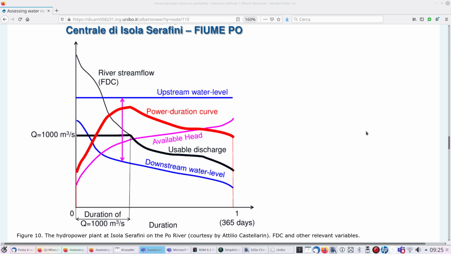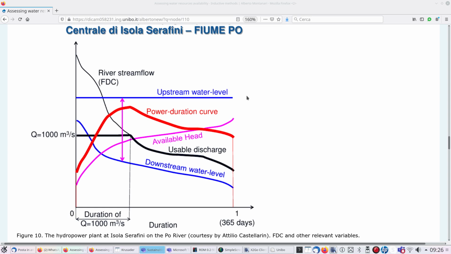And you can also see, in a different scale in blue, the upstream water level. It's a different scale because on the vertical axis here we have two variables displayed: the river flow for the flow duration curves and the water level. So the upstream water level is in blue.